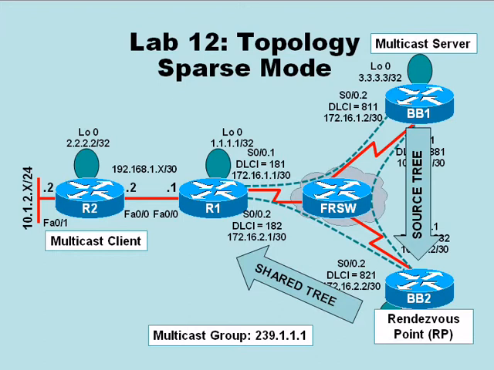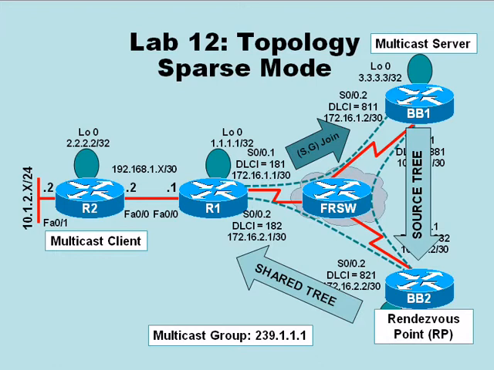R1 will know at this point that it is receiving traffic from BB1, and it will initiate the construction of a source tree directly between BB1 and R1. What R1 does is send an S,G join up to BB1. It knows how to do that because when traffic finally reached R1 from BB1, R1 was able to see BB1's IP address.